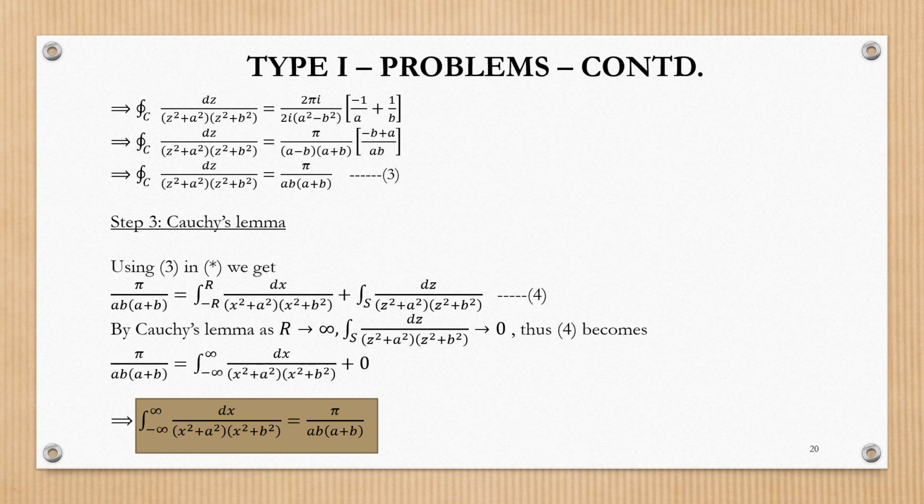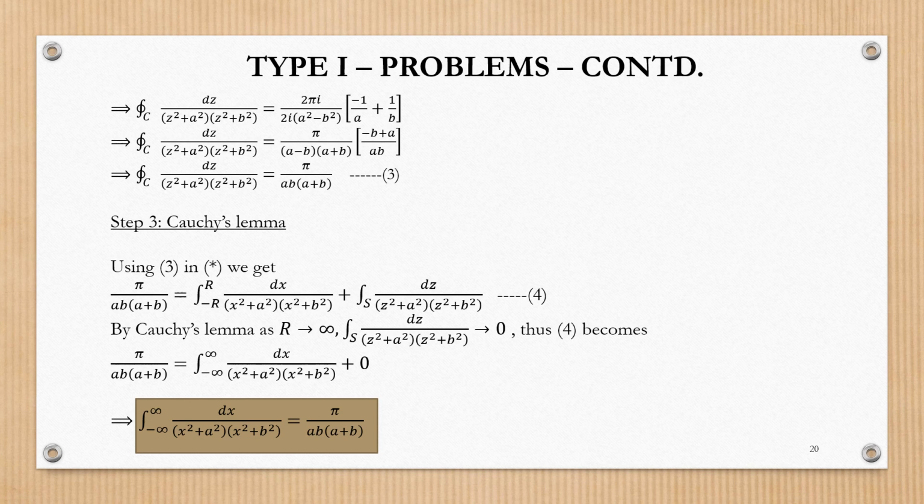Now let us apply the Cauchy's lemma. I'm going to be using equation 3 in the original equation star. The left hand side of equation star is integral over C dz divided by z square plus a square into z square plus b square, whose value is represented by equation 3. So we make a substitution to get equation number 4. Now the second integral on the right hand side of equation 4, that is integral over S, becomes 0 as r tends to infinity by Cauchy's lemma.